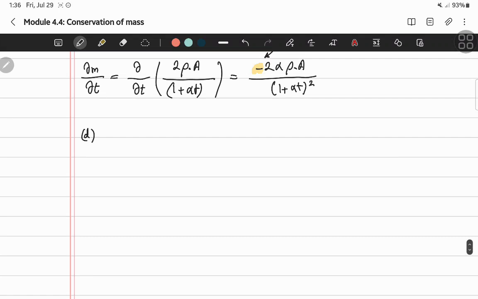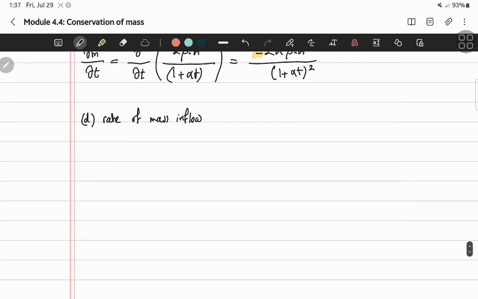Next, we have part D, which says that we want to know the rate of mass inflow. We want to know how fast mass is inflowing and outflowing. Therefore, we will have v1, v2, and v3, the velocity.